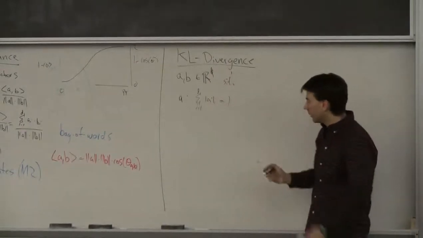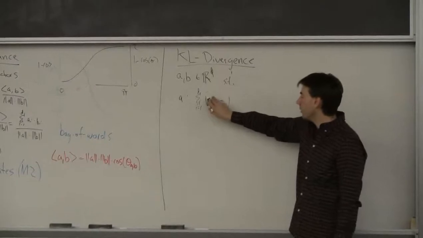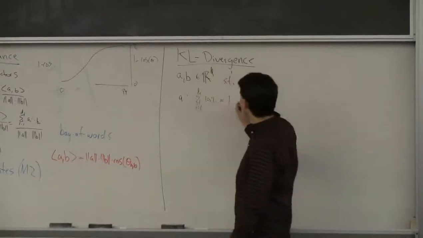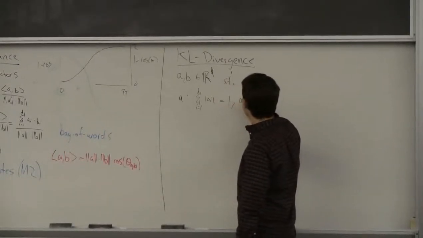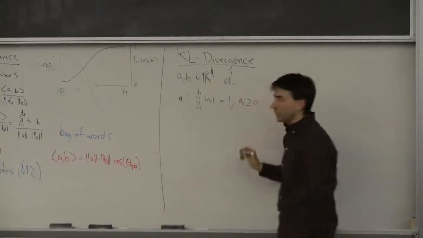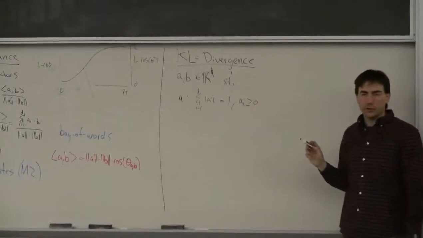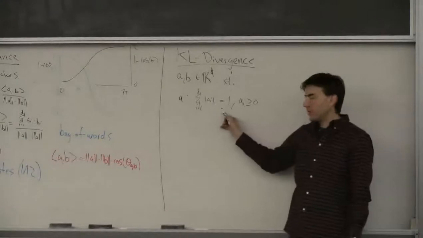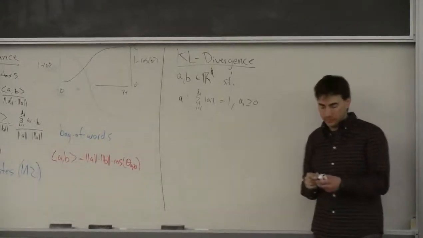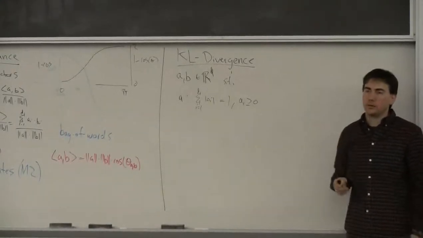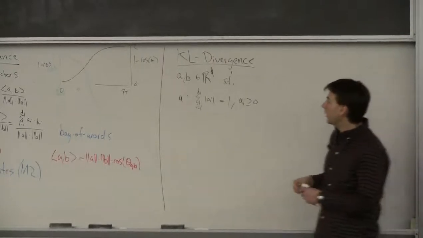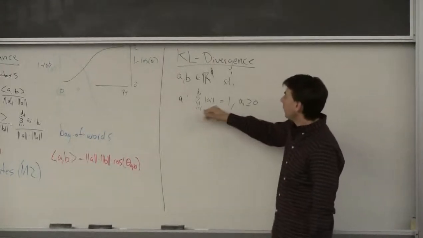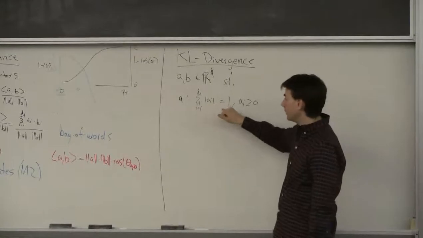Sorry, such that the sum, and also A_i is greater or equal to 0. So all of the values are greater or equal to 0, and the sum of them is going to be equal to 1. So the sum of all of the values A_i is equal to 1.